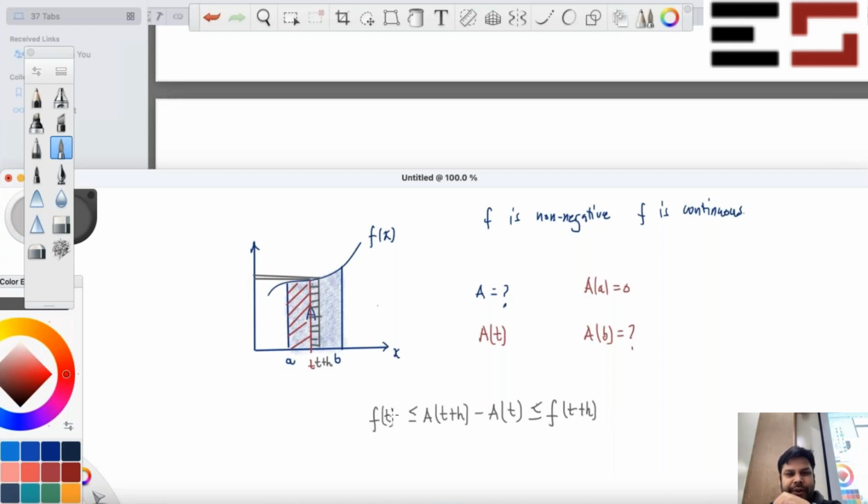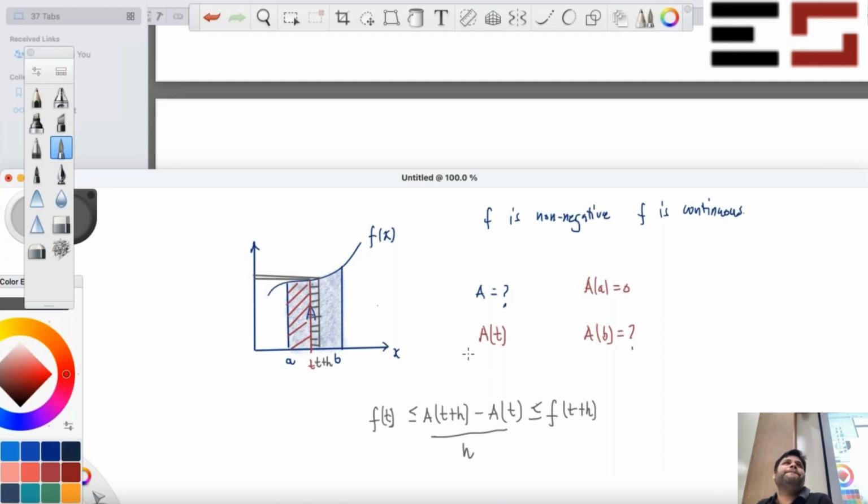I'm just dividing it by h. Do you agree I'm going to get this? All of you? Yes. Now this inequality is true for all h, for all h positive.